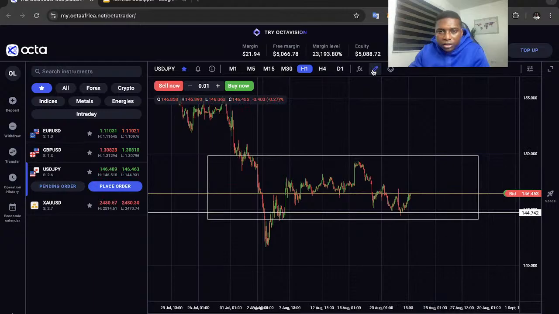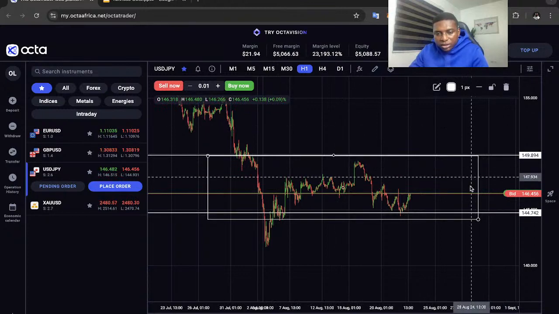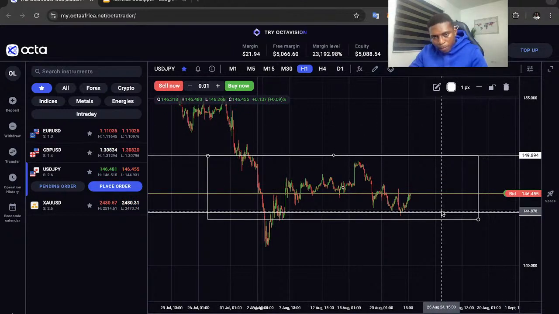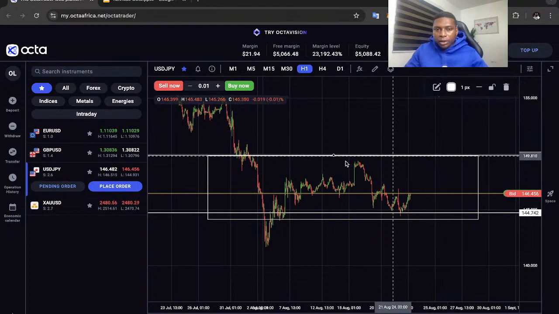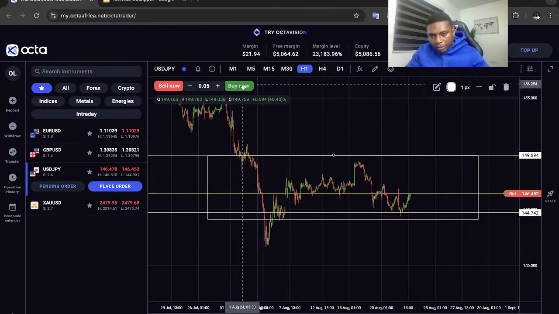Let me delete that. Okay, here. And of course you can use this level for your stop loss. So let's see what we are doing here. So yeah, we want to buy. So we are buying. We've placed our buy order.